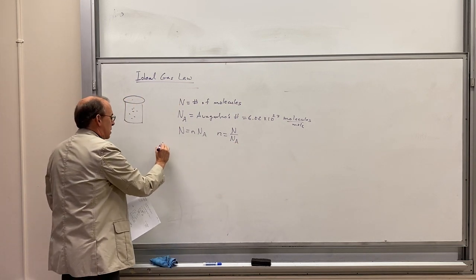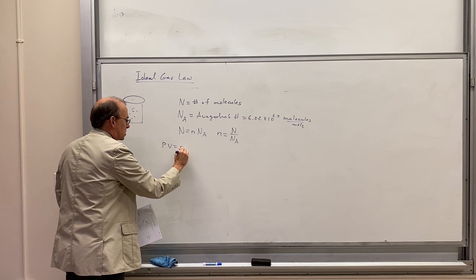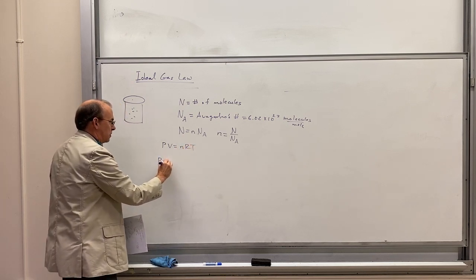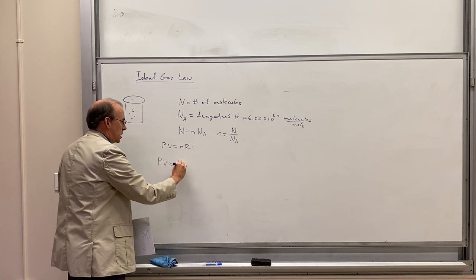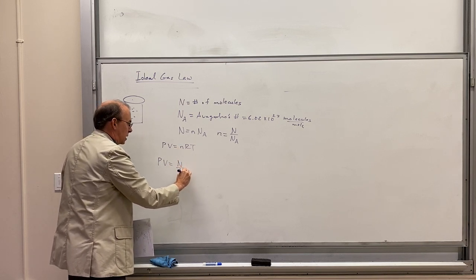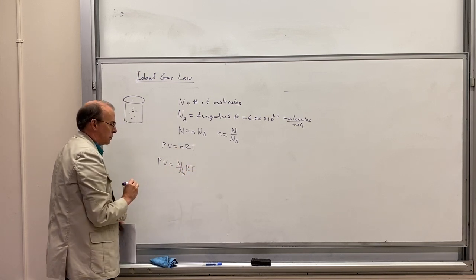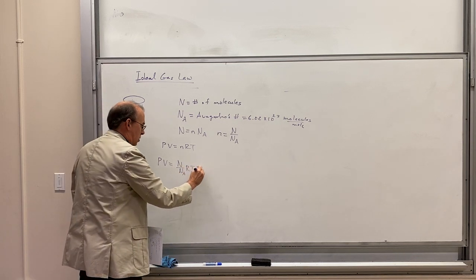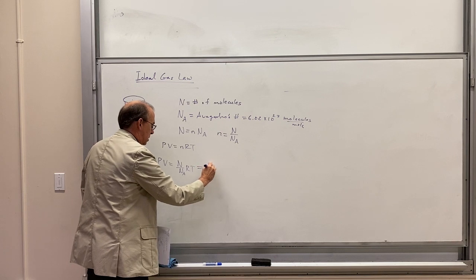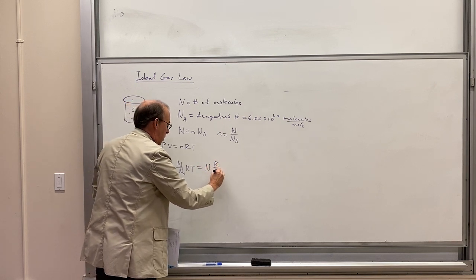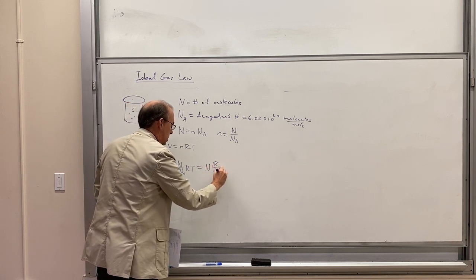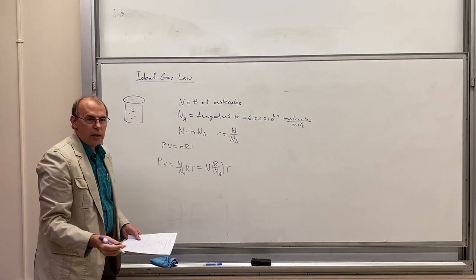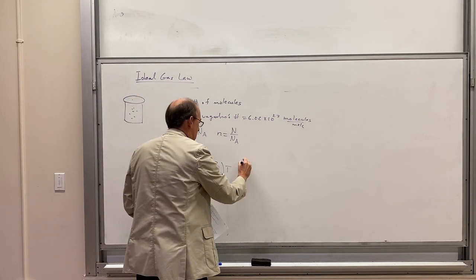So this means that PV equals little nRT can be written as PV equals big N over N_A times RT, but both R and N_A are constants. So we could write that as big N times R over N_A times T, and this R over N_A we're going to define as a new constant.